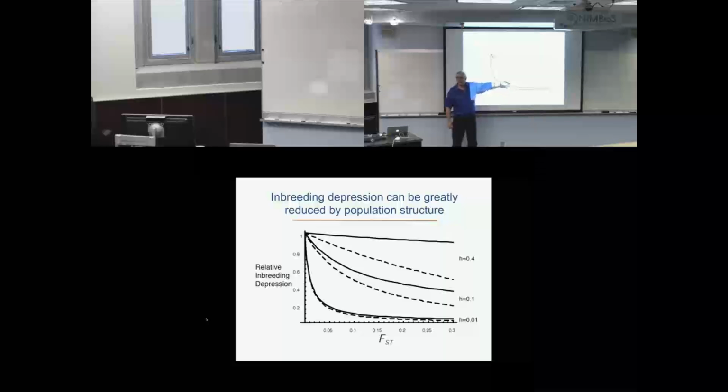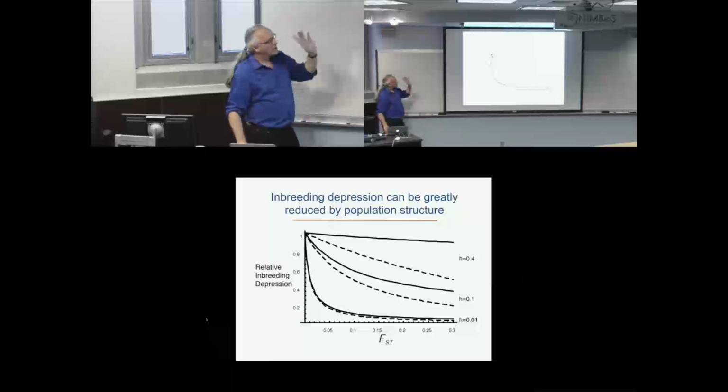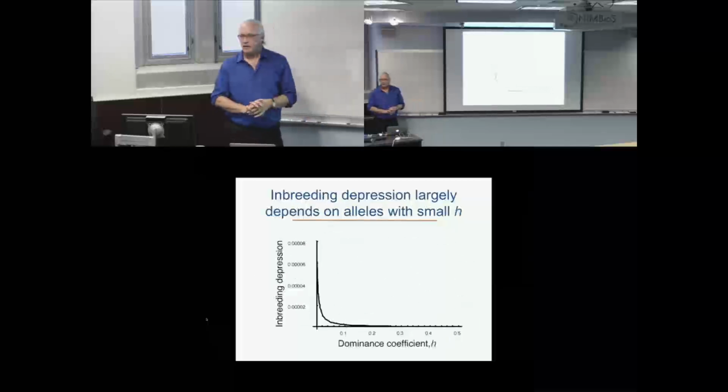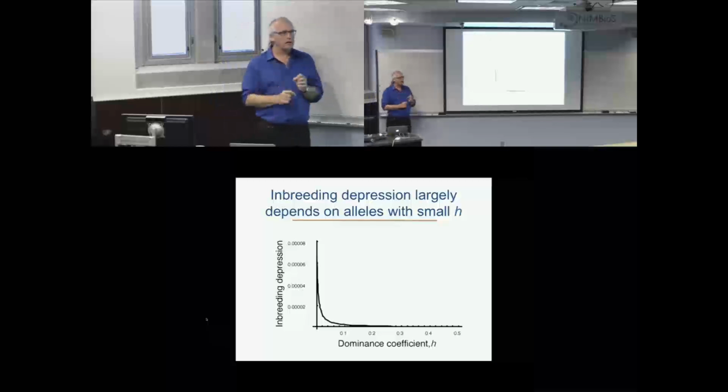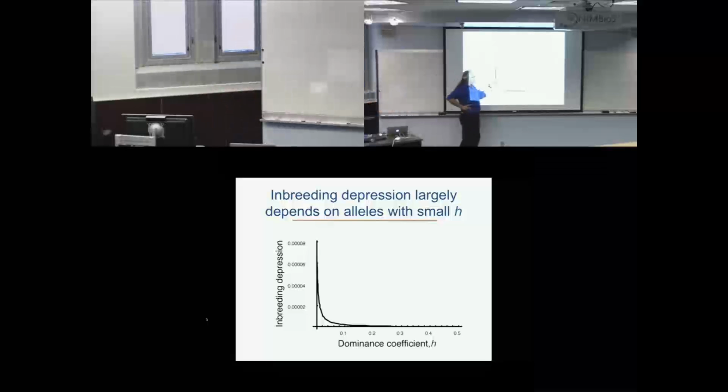That's mainly because those bad alleles that cause the inbreeding depression are rarer in the population. Now, you don't get such a dramatic effect for codominant, but let me show you, hopefully, yeah, I do have this slide. When we think about inbreeding depression, the amount contributed by a locus is largely a function of dominance coefficient.